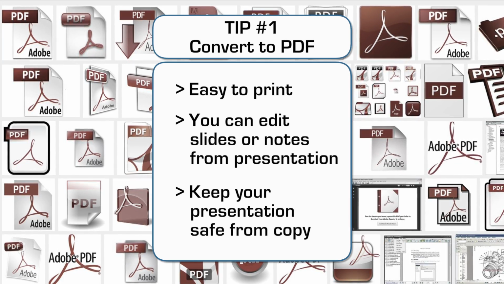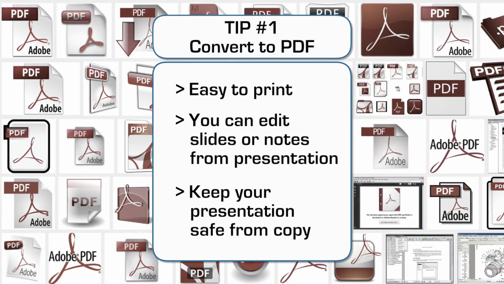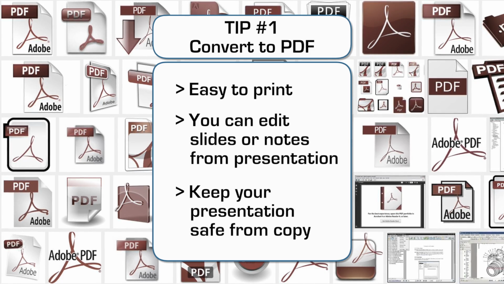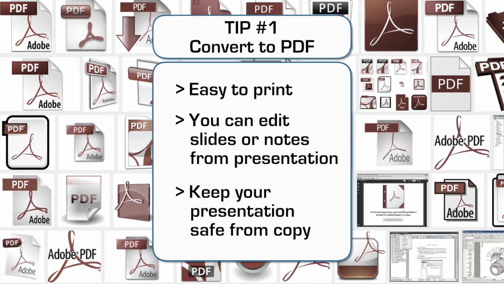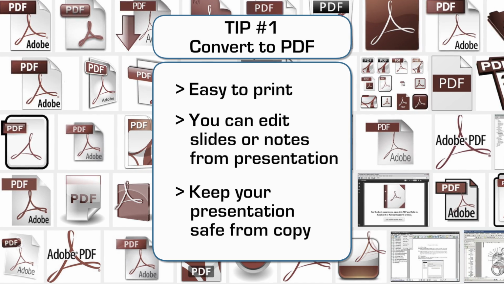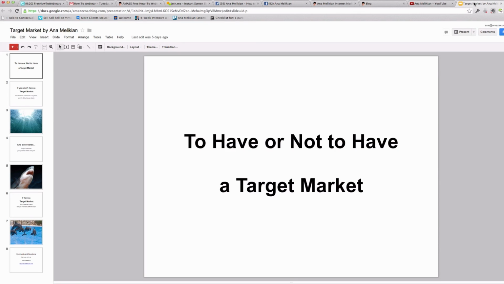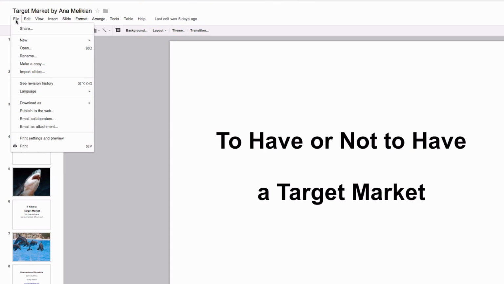So how can you produce a PDF version of your slides in an easy way? It really depends on the program that you start your slides with. For instance, if you start by using a Google presentation, you just have to go to your Google Drive, to the specific presentation that you want to create a PDF from. You go to File, and on File, you just have to go to Download As, and you have several options.